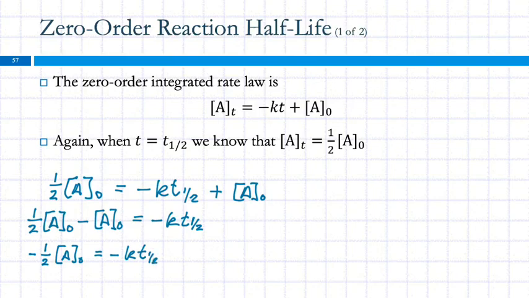Multiply both sides by negative 1. Divide by K. T1/2 equals A0 divided by 2K.